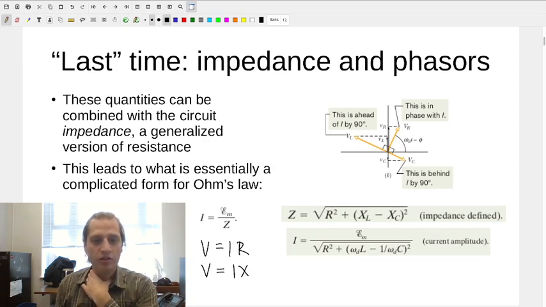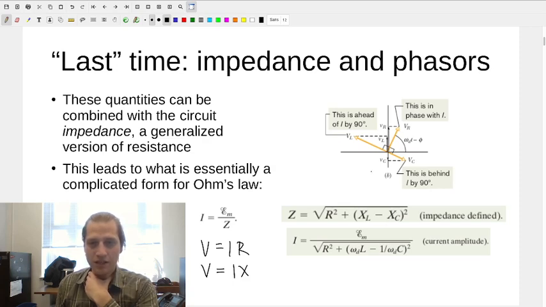And just like resistance, this also had units of ohms. But what was strange about it is that the overall impedance for an RLC circuit depends on the resistance, that's sort of the OG impedance, the inductive impedance, and the capacitive impedance.